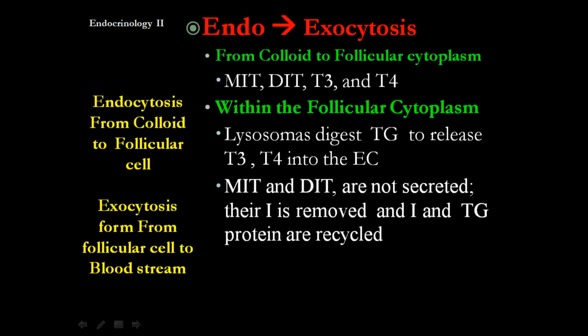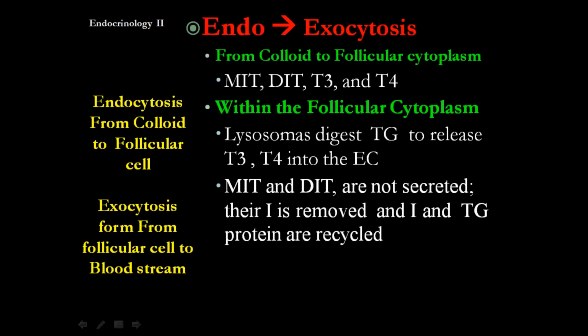Then they are going to pass from the colloid into the cytoplasm of the follicular cells. Inside the follicular cells, there are some enzymes that are going to digest the protein, the thyroglobulin, and release T3 and T4. Now this is ready to go outside of the gland.